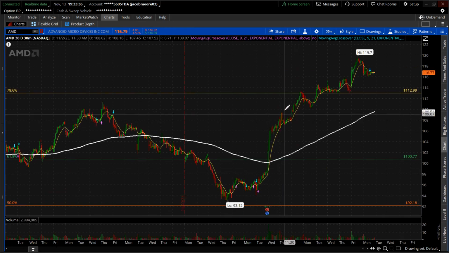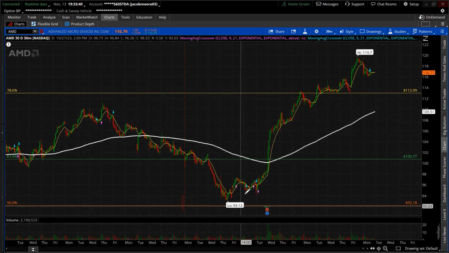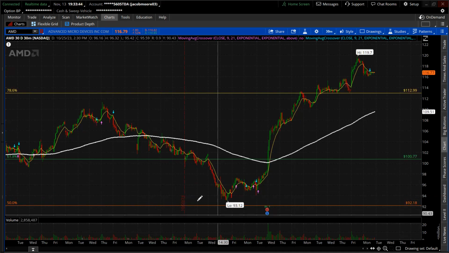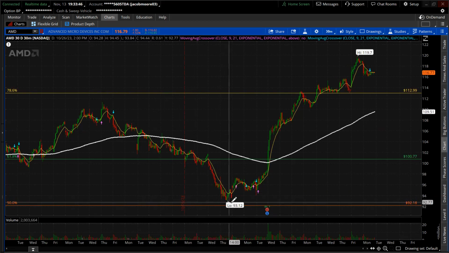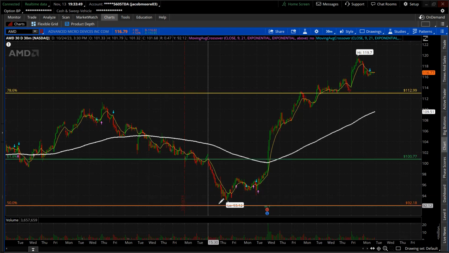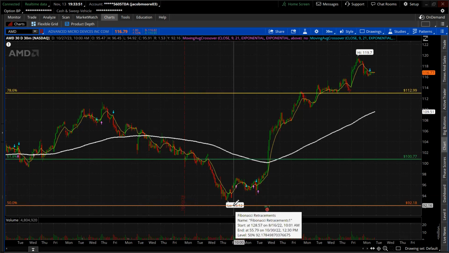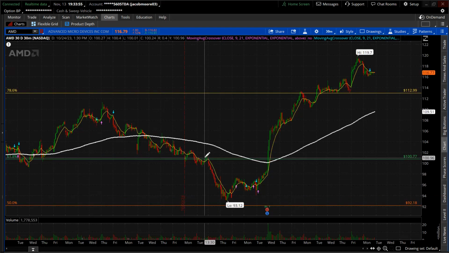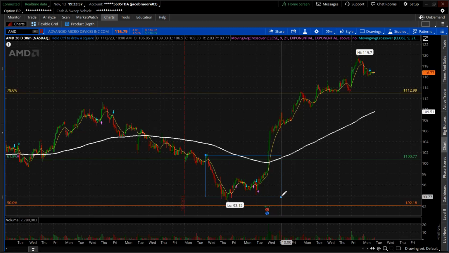It was strong on Thursday and Friday. So imagine you were trying to trade that. However, we have this golden ratio here. Look at that. The Fibonacci, it didn't quite hit that 50% retracement. However, it came close.